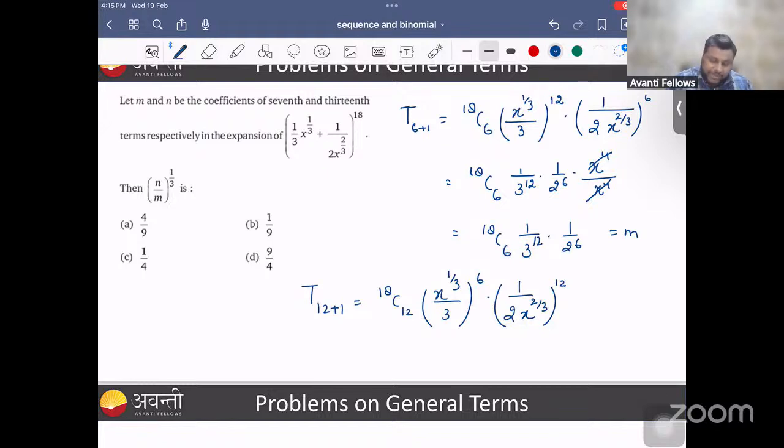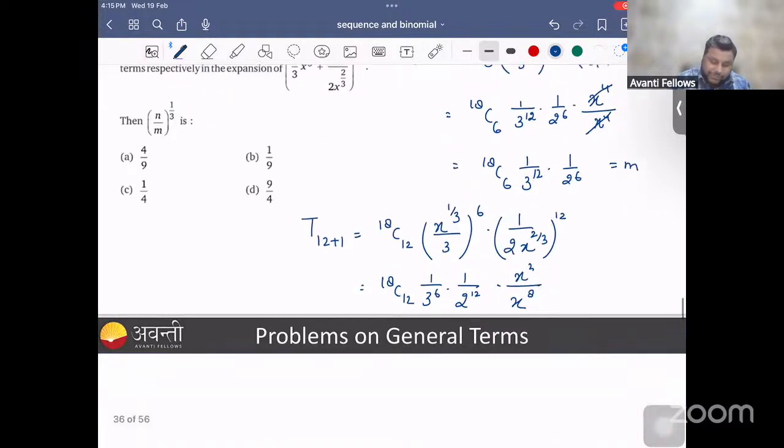So this will be 18C12, 1 upon 3 to the power 6, 1 upon 2 to the power 12, into x to the power 2 upon x to the power 4, to the 8. Am I correct? So the coefficient is n, that is 18C12, 1 upon 3 to the power 6 into 1 upon 2 to the power 12.